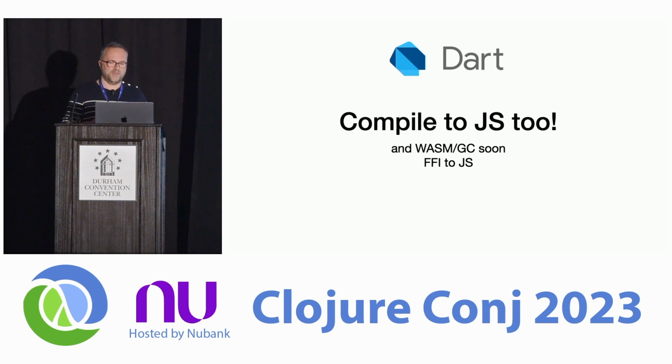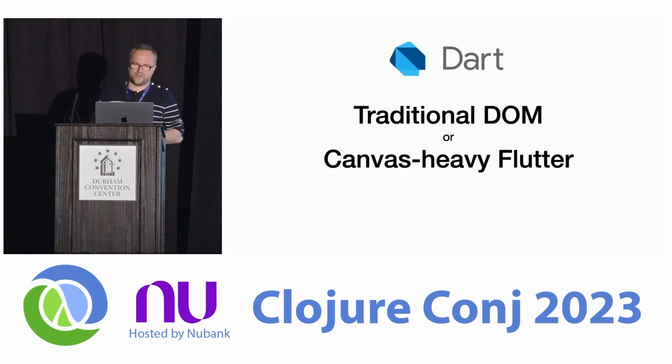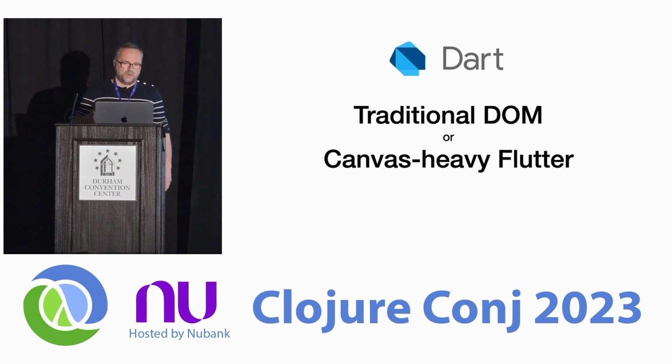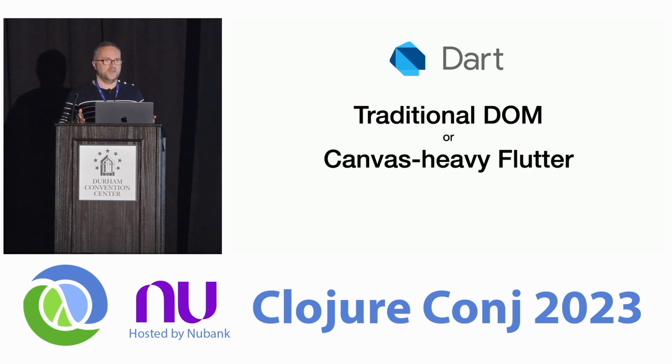So in some bizarre way, it makes Dart and its standard library a kind of internal competitor to Google Closure. So an alternative to using the web API from Dart when you do web stuff is just to rely on Flutter, in which case the UI will be painted inside a big canvas.